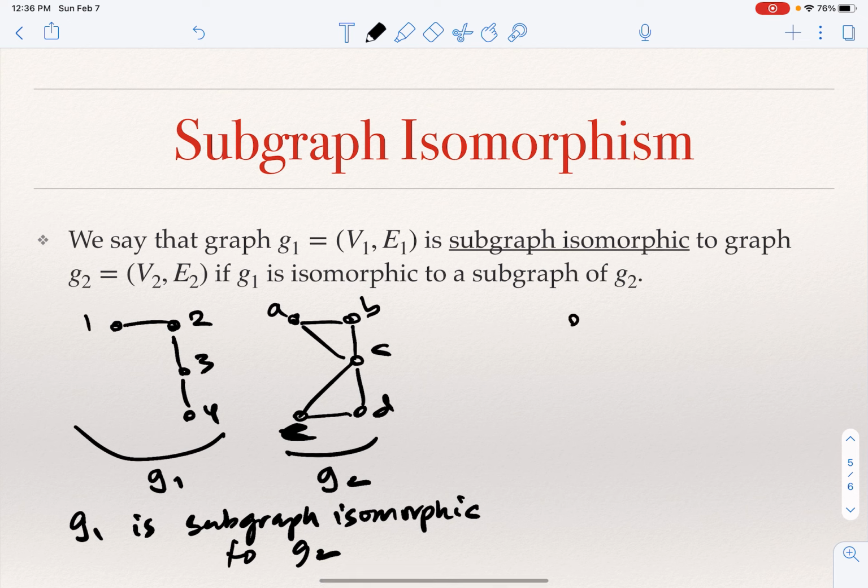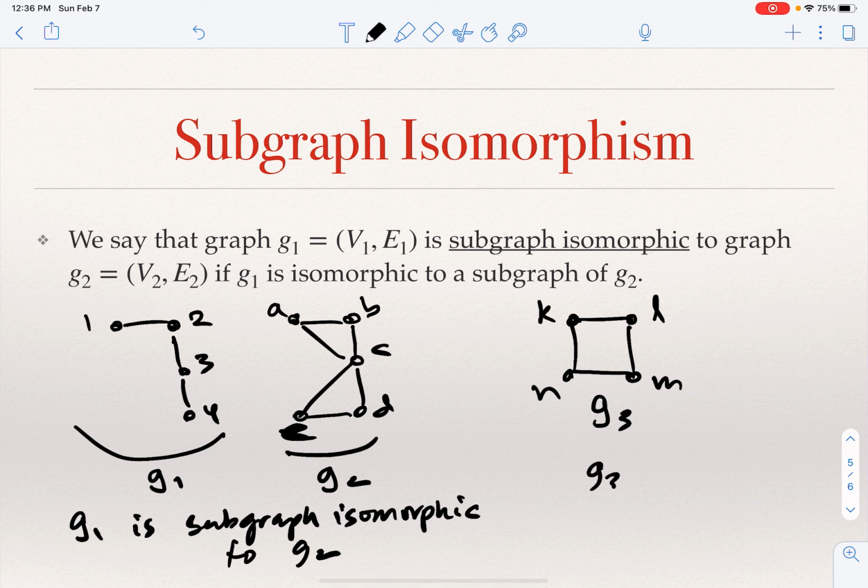But if I take the graph, let's say here, K, L, M, N, and this is G3, can you find a subgraph of G2 which consists of 4 nodes such that they are connected like this in a square? The answer is no.